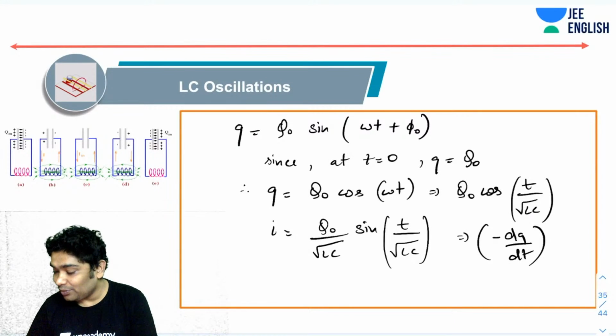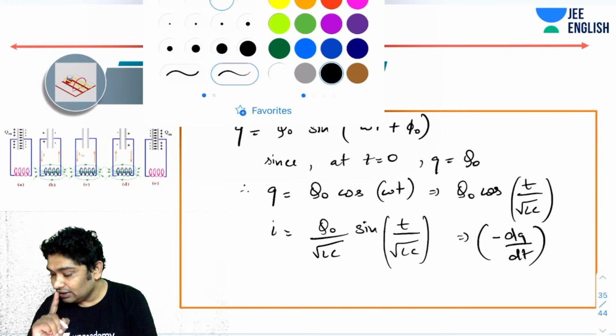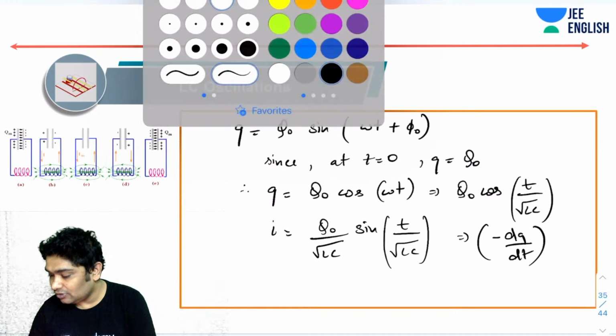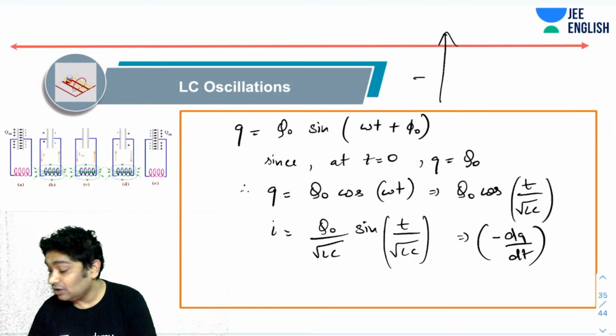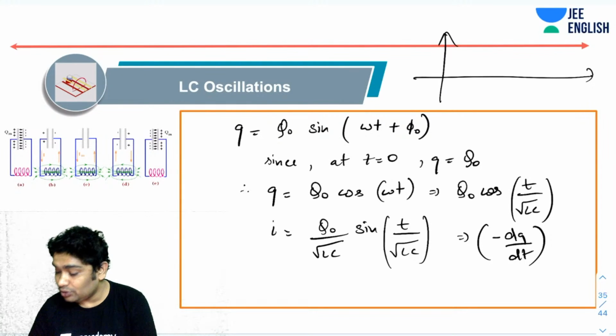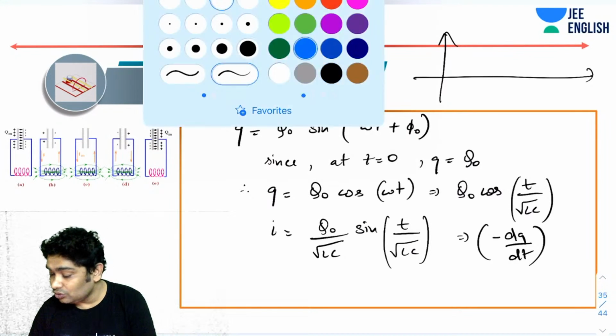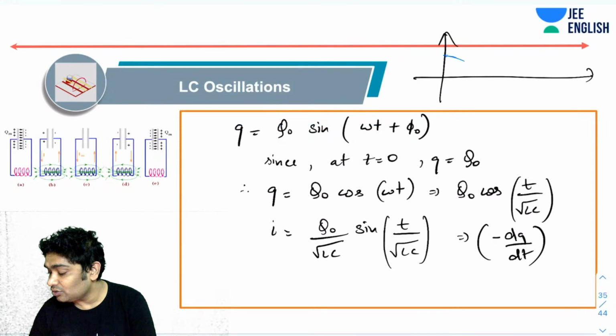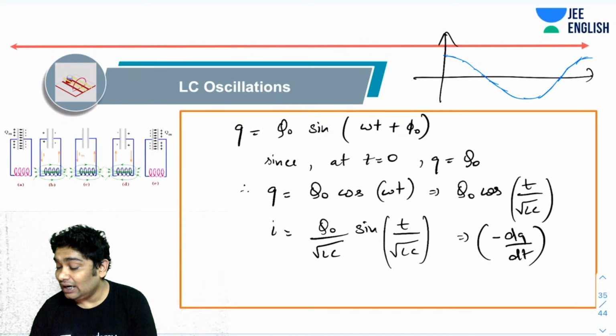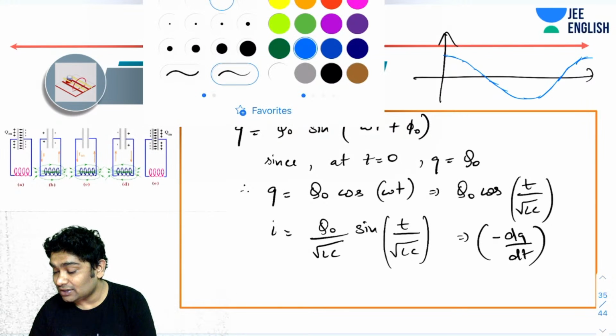Okay, so I hope you realize if I made a graph, and on one axis I kept q, so q would vary like this, it oscillates like this, and how about I, it oscillates like this.